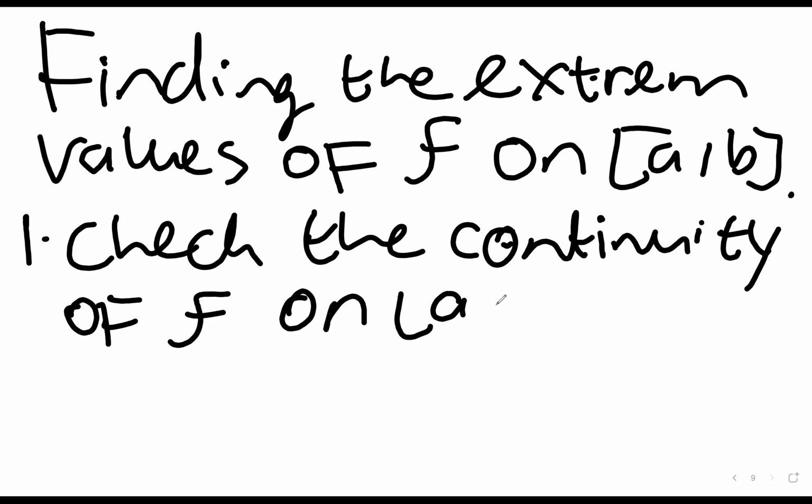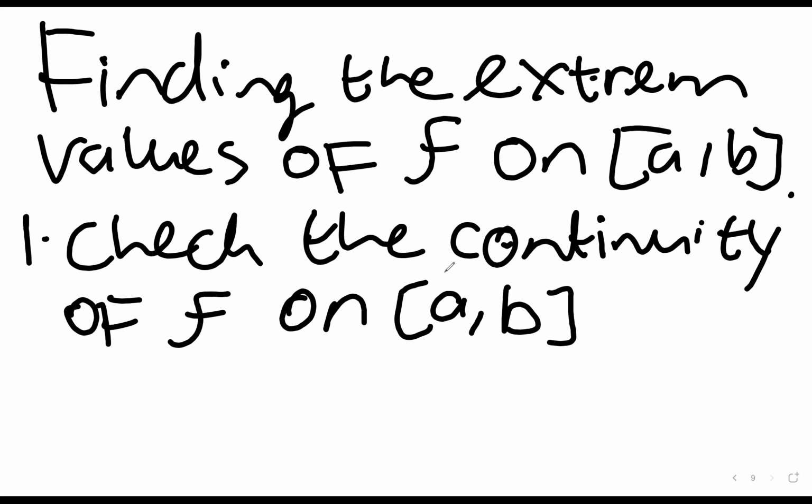Of course, if f is a polynomial or a sine or cosine function, then it's already guaranteed, because polynomials, sine x and cosine x are always continuous for every real number.